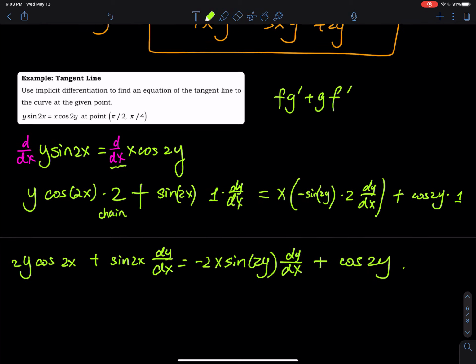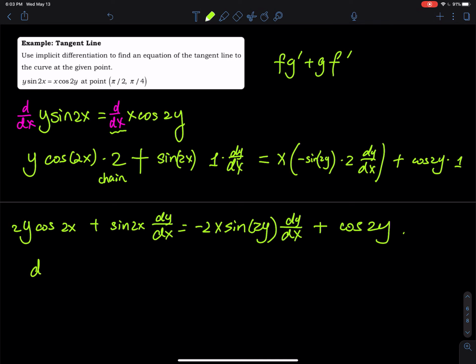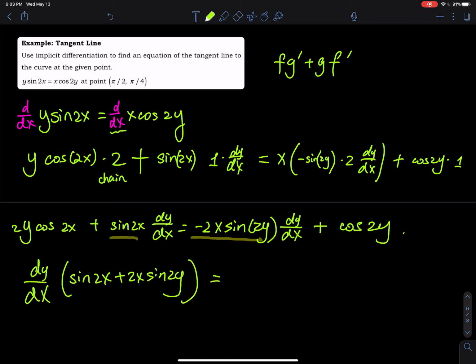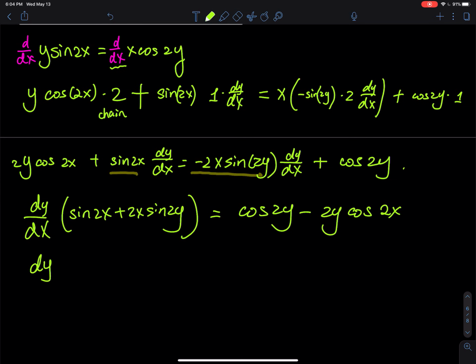Okay, almost done. We have a dy/dx because we are keeping this, and then we keep this 2. Since you move that to the left-hand side, this is sine of 2x plus 2x sine of 2y. And then the other side is cosine 2y minus 2y cosine 2x. And then the dy/dx, which is y prime.